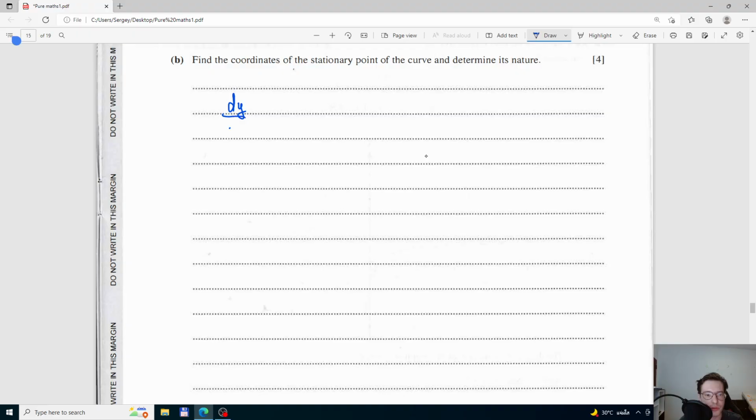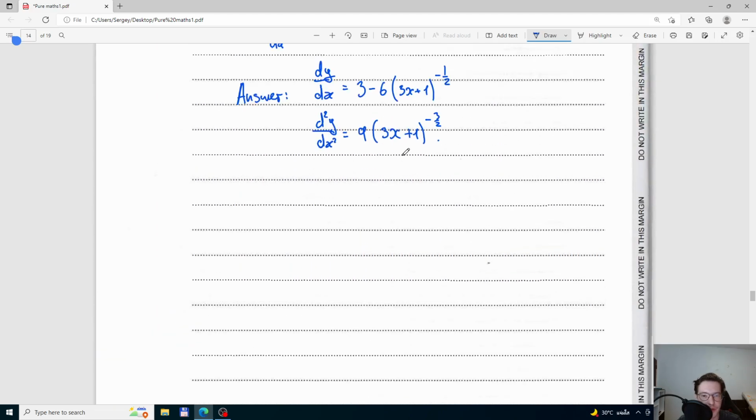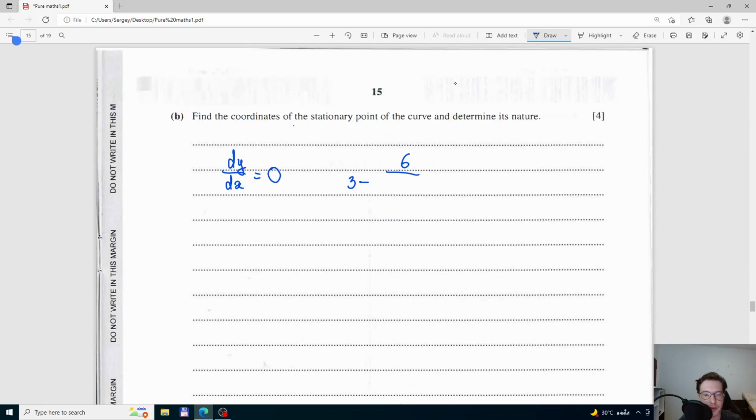Now, in order to determine the coordinate of the stationary point, I will have to equate the derivative to 0. I'm going to use the equation for the derivative from the previous question. Okay, and then the power of minus a half means I will have to divide 6 by the square root of 3x plus 1.